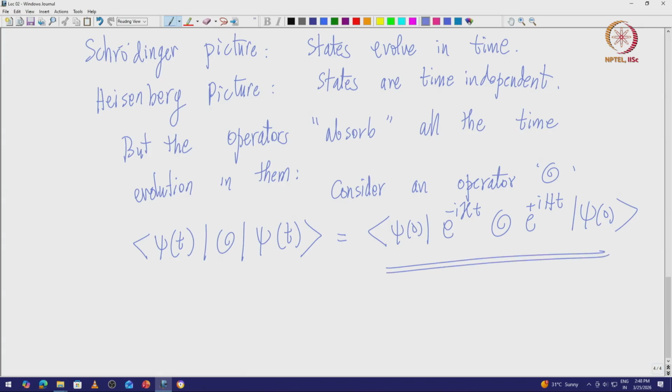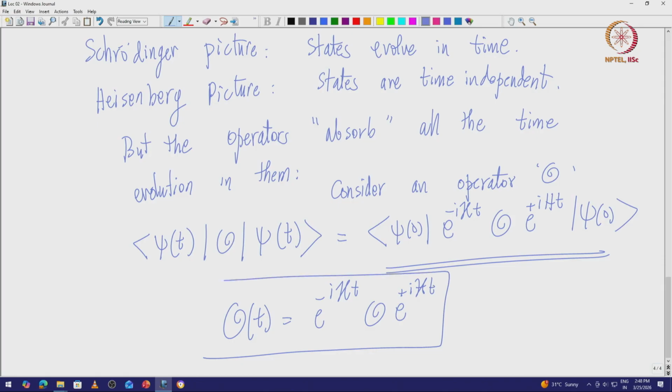Of course, there is an h cross which I have not put here. So, if the operators evolve in time, how do they evolve? You can observe this time evolution inside the operator in the Heisenberg picture in terms of e power iHt, O, e power minus iHt.